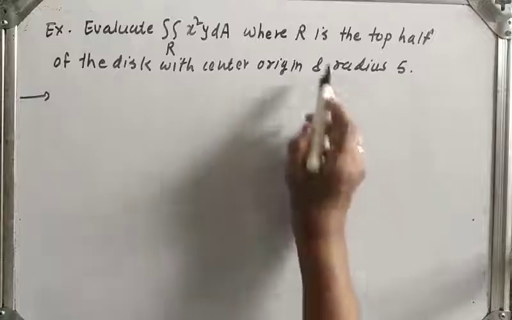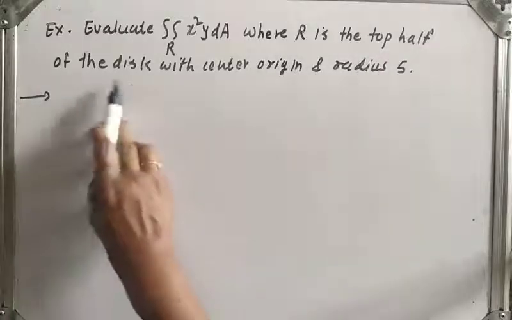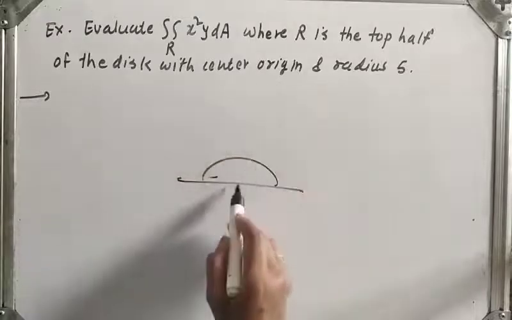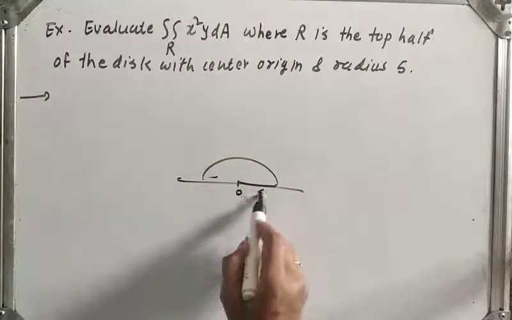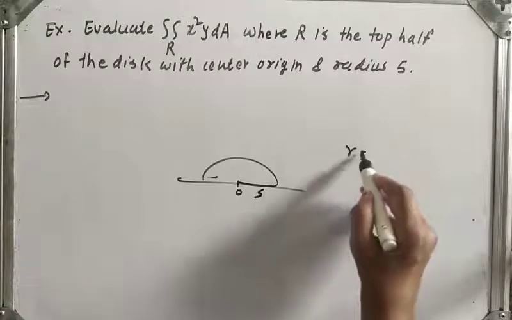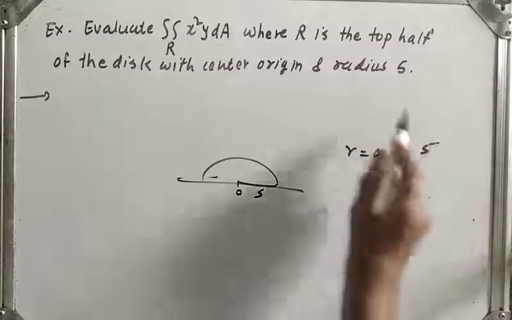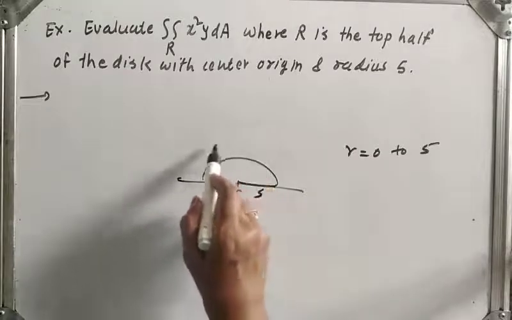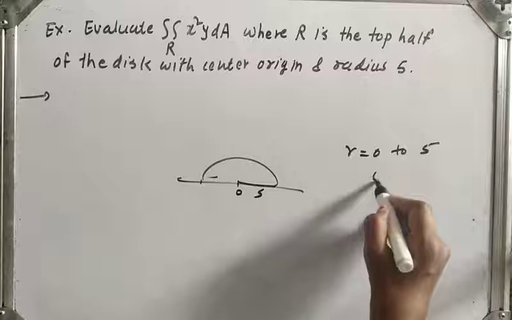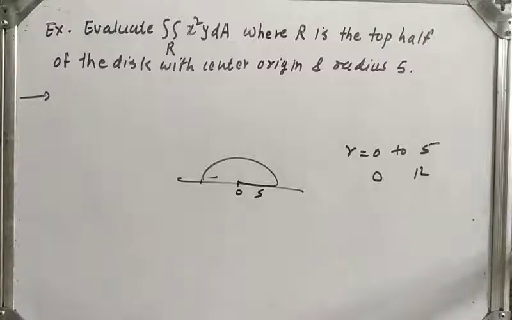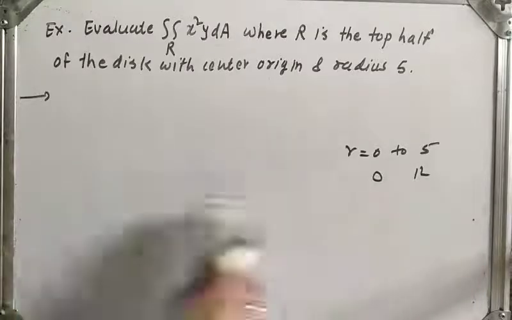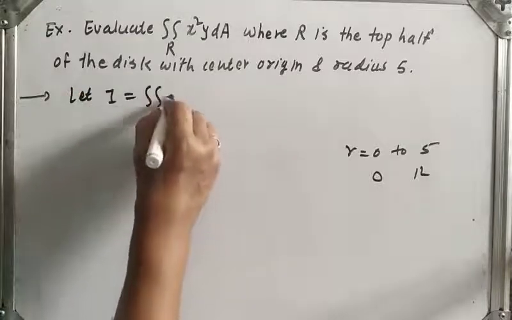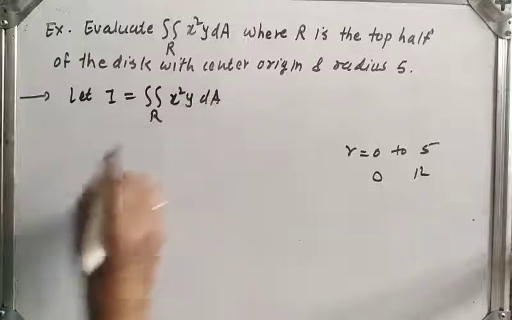So what is given, what is R? Top half of the disk with center origin, radius 5, means center 0, radius 5, means r varies from 0 to 5, and it is top half means this complete part, so theta will vary from 0 to this angle, means theta will vary from 0 to pi. Okay, so let I is equal to double integration over R of x square y dA.